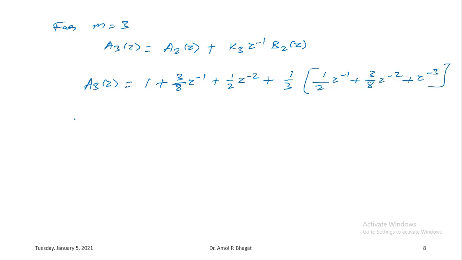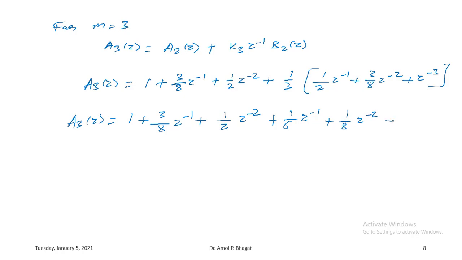So again, if you simplify it, a3 of z will be 1 plus 3 by 8 z inverse plus 1 by 2 z to the power minus 2 plus 1 by 6 z inverse plus 1 by 8 z to the power minus 2 plus 1 by 3 z to the power minus 3.